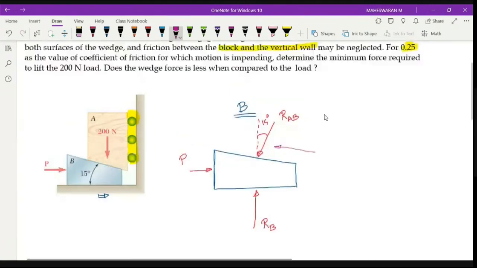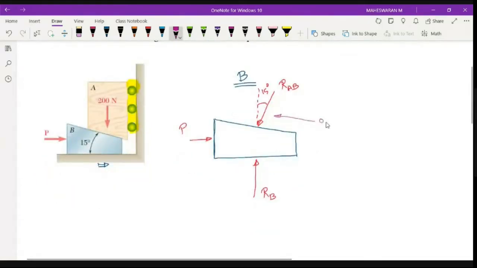Mu is 0.25, as they mentioned, so this is 0.25 into RAB, parallel to the surface, at 15 degrees horizontally. You have another friction force here, which is 0.25 into RB. This is the overall free body diagram for this wedge. Any doubt on this? No, sir.